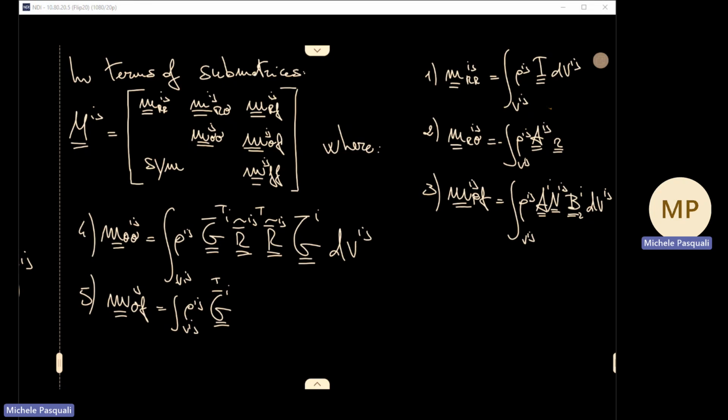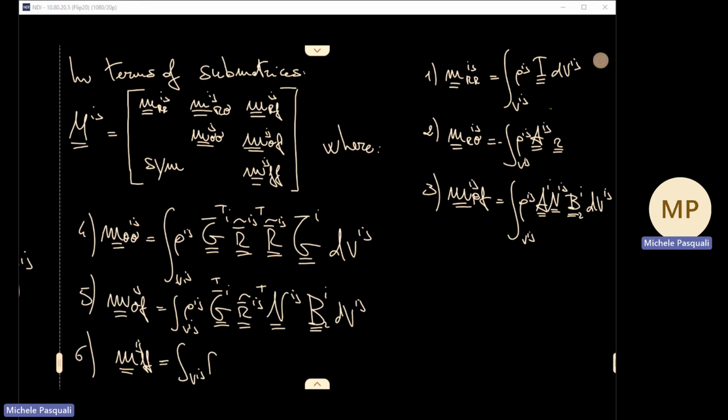Transpose, then we have R is transposed, then we have B2, and that's it.